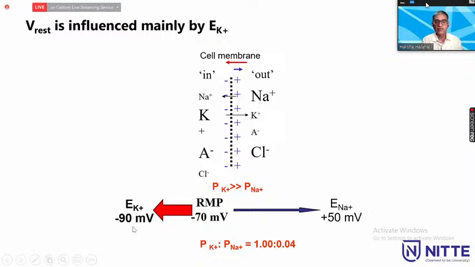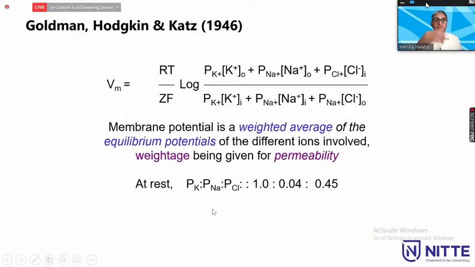It doesn't reach all the way to minus 90. So sodium does contribute in the sense that it pulls the resting membrane potential weakly towards it, but it is overwhelmed by the strong pull of potassium equilibrium potential, and therefore the resting membrane potential is a weighted average of the equilibrium potential of sodium and of potassium.